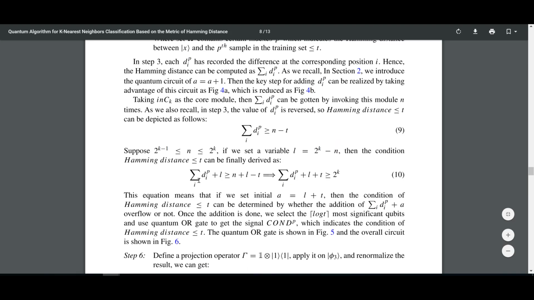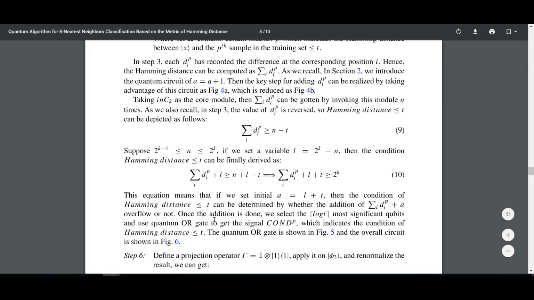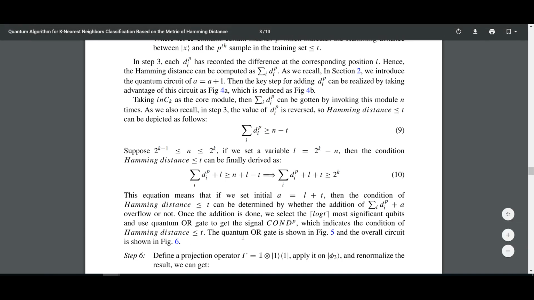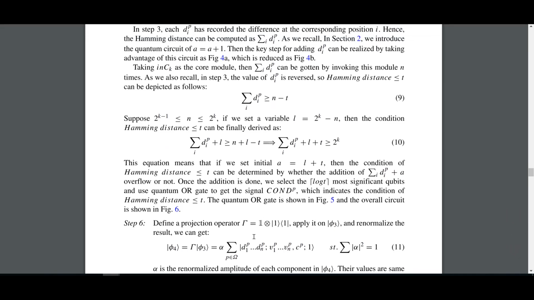So there's, I think here there's a bunch of, okay. Once the addition is done, we select the most significant qubits and use quantum OR gate to get the signal condP, which indicates a condition. The quantum OR gate is shown in figure 5.